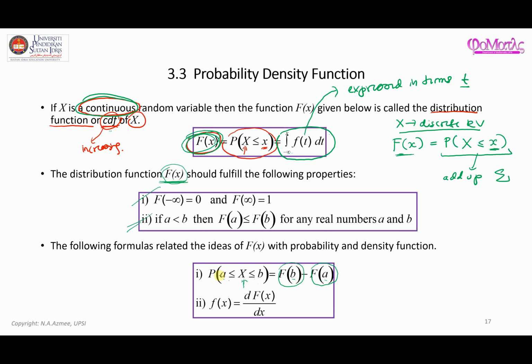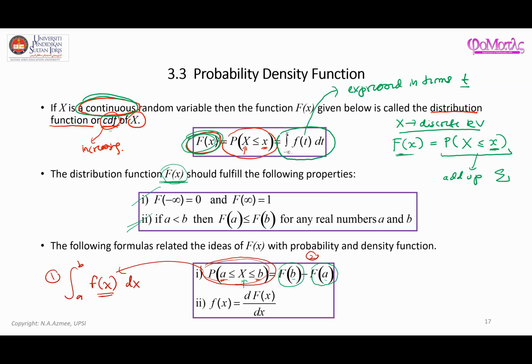By doing this, you get the probability you're looking for. Another way, as you have seen in the previous video, is to integrate the probability density function f of x with respect to dx, with lower limit a and upper limit b. You will also get the probability you're looking for. So there are two ways of doing it: either using the density function, or using the CDF.